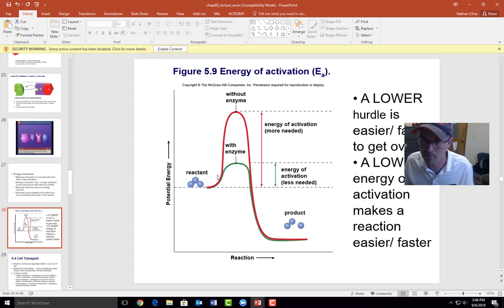Now, an enzyme reduces this activation energy. So just like I said, when you're trying to break a stick, you put a little pressure on it with your knee in order to break that stick, the enzyme acts like that, reducing that activation energy so that it requires less of an input. By doing so, you speed up the rate at which this reaction can occur.